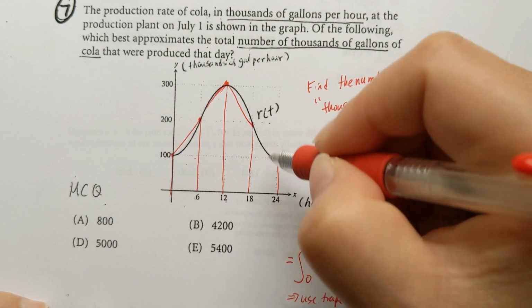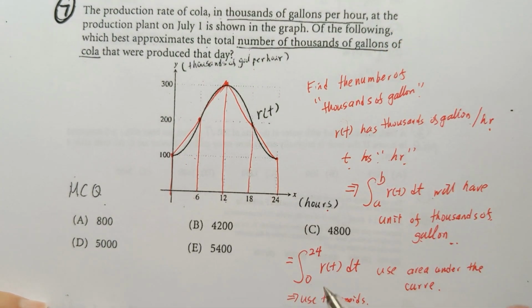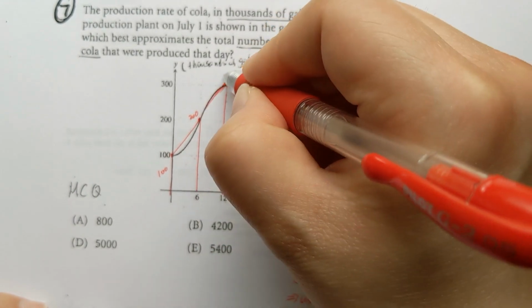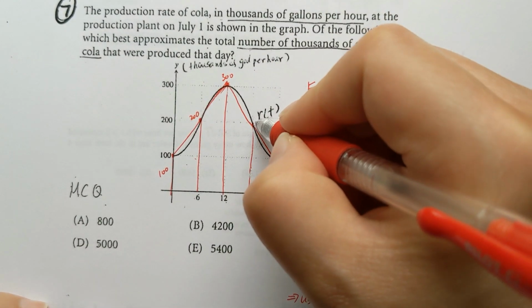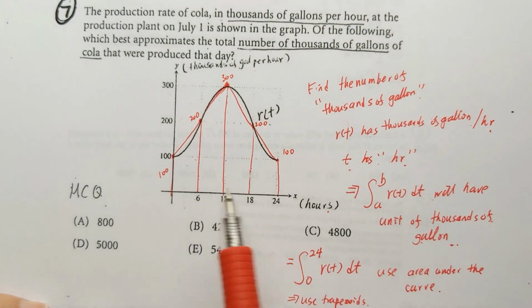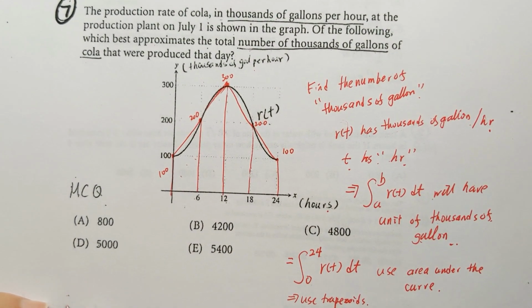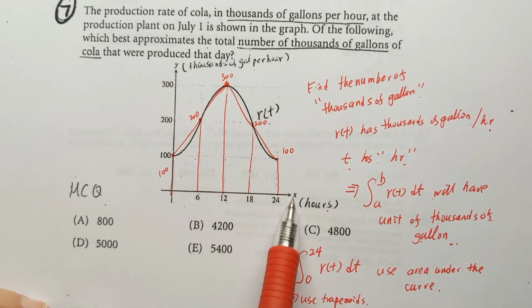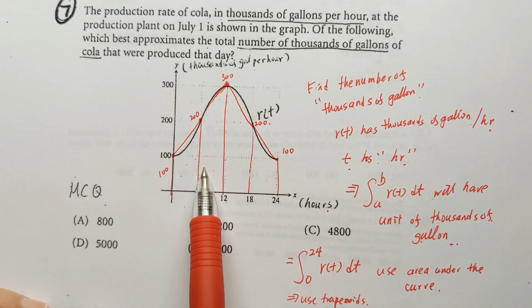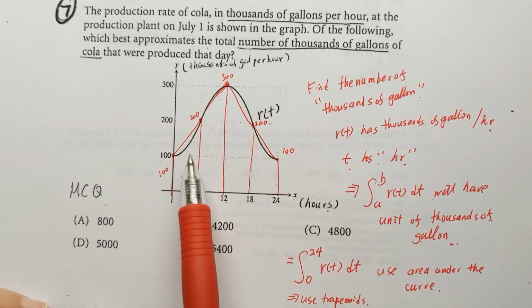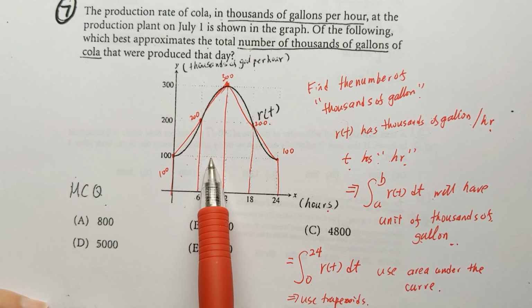I get 100, 200, 300, 200, and 100. 1, 2, 3, 4. 4 trapezoids. If you look closely, you find out that it is symmetrical. The first two equal the last two. So I decided to calculate the area of these 2 and then double it.